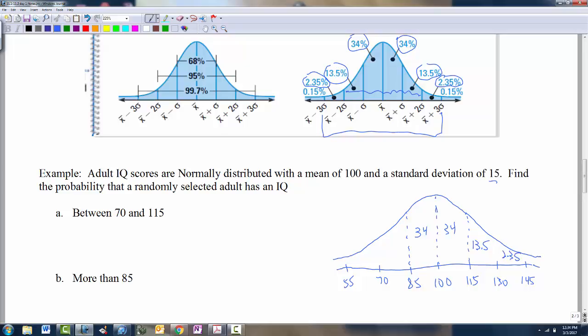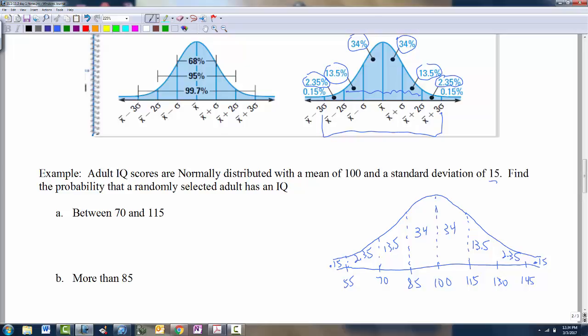If it's normally distributed, this is the case. Just remember, past this is 0.15%, very small. 13.5, and then 2.35, and then 0.15.